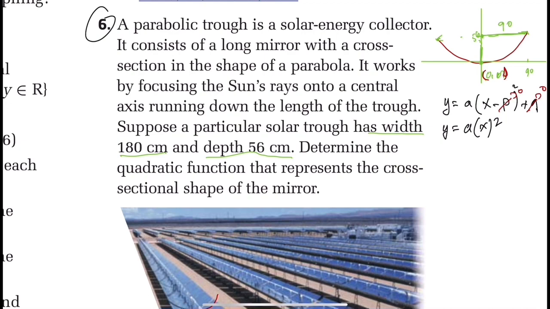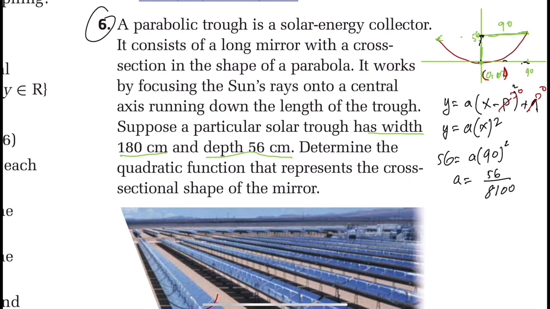For a, I can use a point, for example this point. So 56 = a times 90², because my x is 90 from here to here and my y is 56. So a is equal to 56 over, let me put this in the calculator, 8,100.